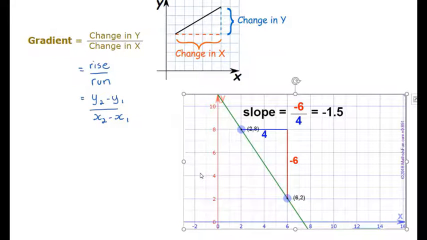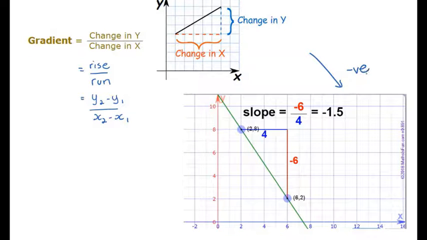In the last two examples, you could see that my line was going up from left to right, so it had a positive gradient. But this line is going down from left to right, so my gradient is actually going to be a negative value.